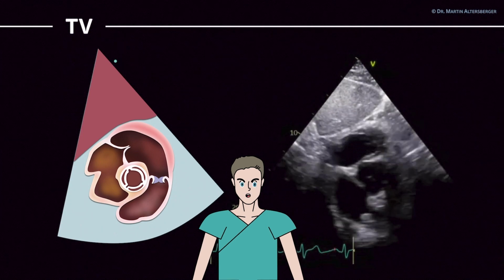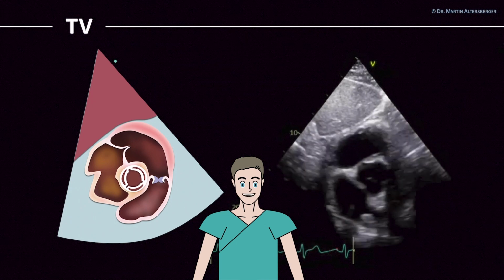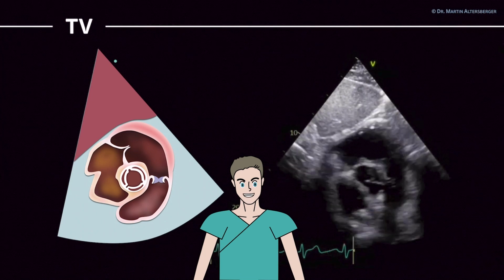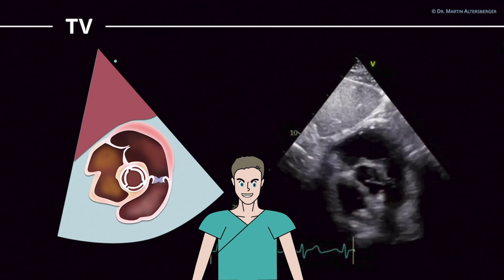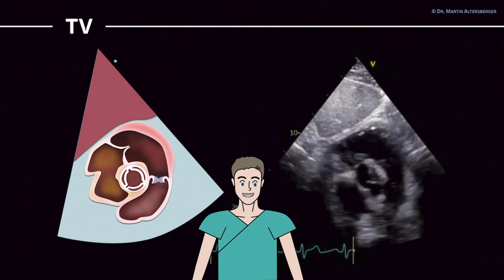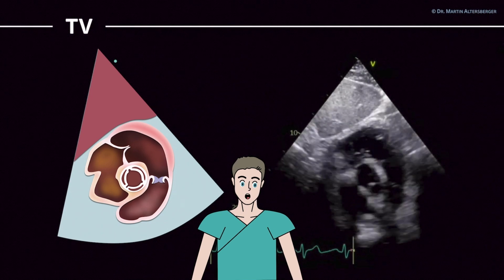I've mentioned it several times, but when you focus on the tricuspid valve, you can see that the tricuspid valve has 3 separate leaflets, quite nicely seen in this almost short axis view. So this is a little bit of trial and error. You rotate towards the aortic valve, focus on the tricuspid valve, and then rotate and tilt until you see all 3 leaflets, the septal, the anterior and the posterior leaflet of the tricuspid valve.